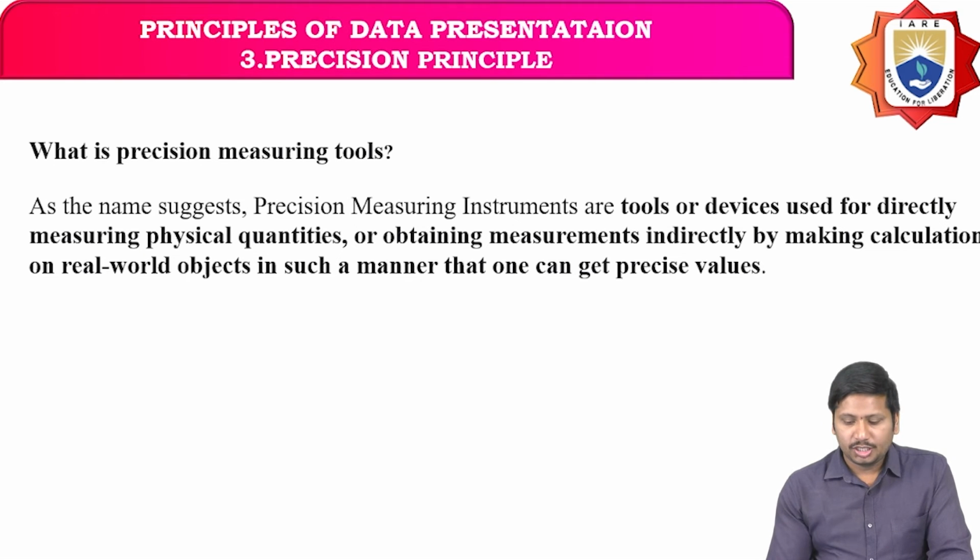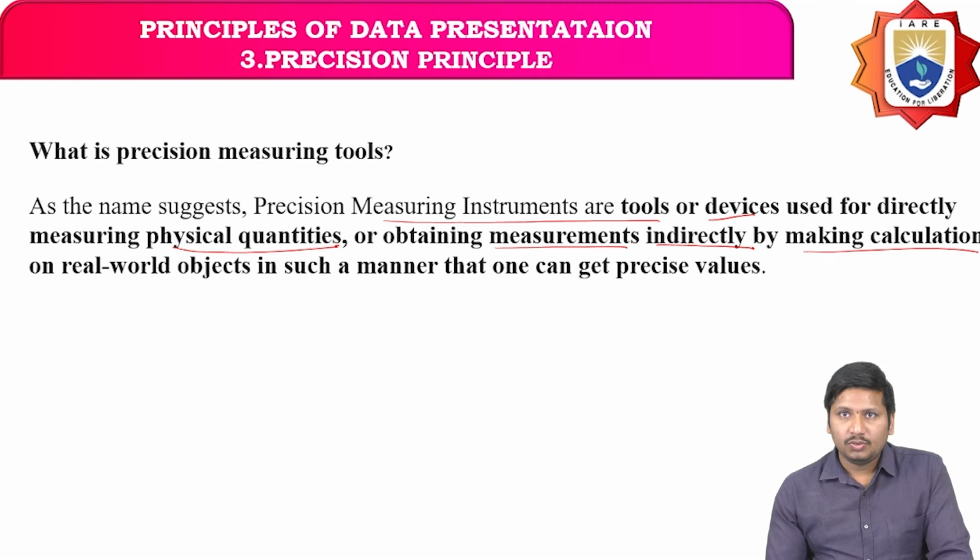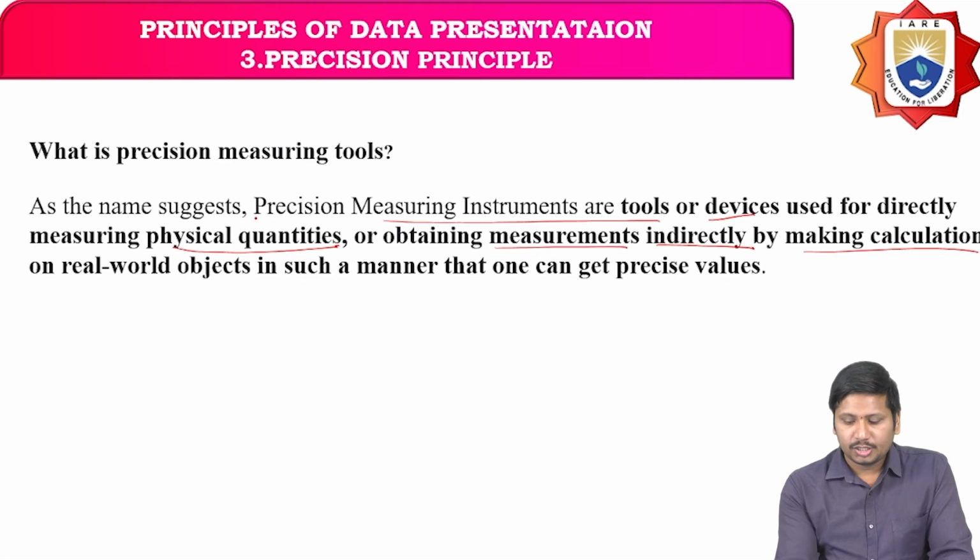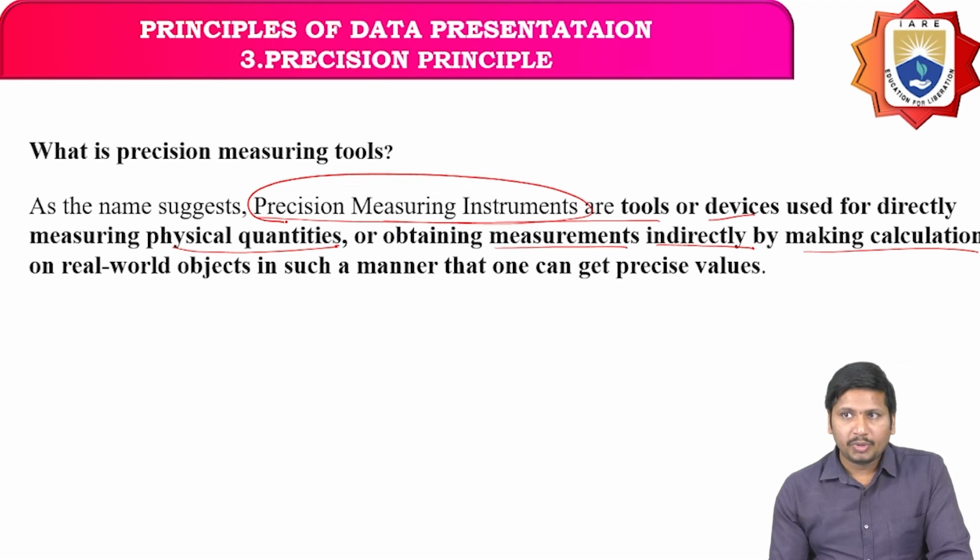As the name suggests, precision measuring instruments are tools or devices that are used for directly measuring physical quantities or obtaining the measurements indirectly by making a calculation on real world objects, in such a manner that one can get the precise values.